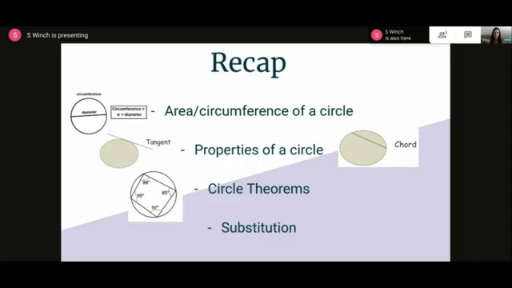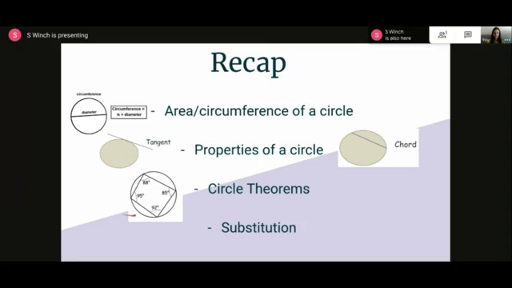Then we looked at the properties of circles, and you've got some pictures here. The tangent line is a line that just touches the outside of a circle, and a chord is the line that goes straight across from one part of the circle to the other without going through its centre point.